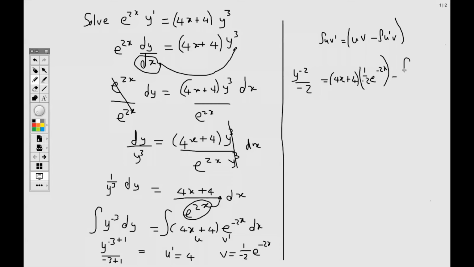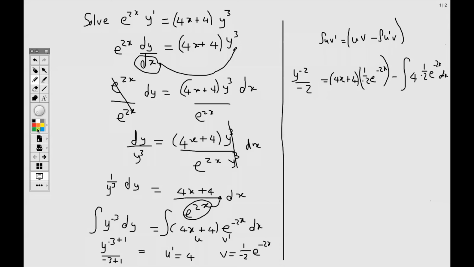Minus the integral of u prime. U prime is 4, so I have my 4 here. And v is minus a half e to the minus 2x. We have dx because we're integrating with respect to x.